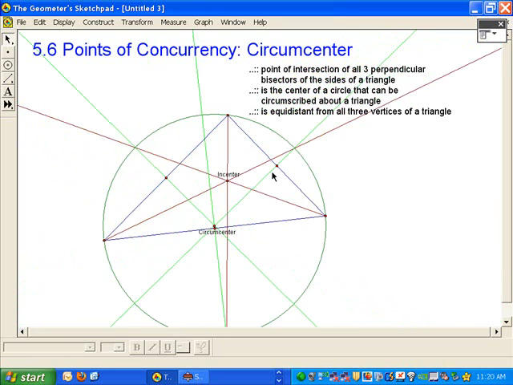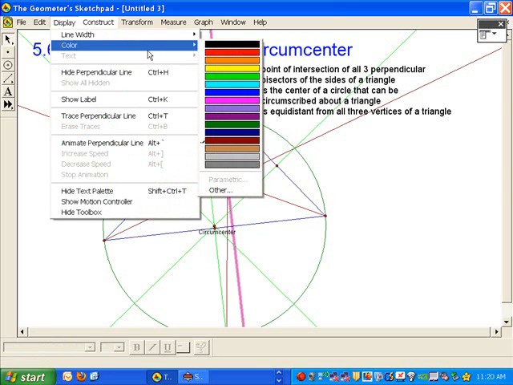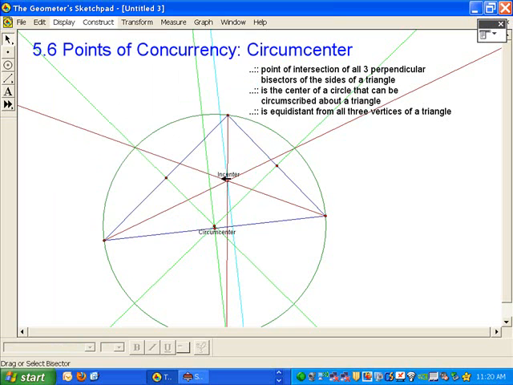And remember, when you're constructing the inscribed circle, you have to create a radius from the in-center that extends and meets the side of that triangle at a 90-degree angle. So if you construct a perpendicular from the in-center to one of the sides, it doesn't matter which side. Again, I'll change the color here, make it a lighter color.